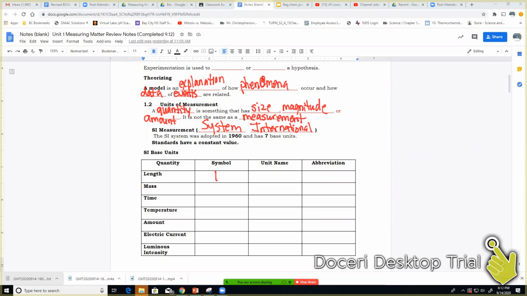symbol L. This is your base. The base unit is meter, abbreviation M. Mass is little m, kilogram is the base unit, kg would be your abbreviation.